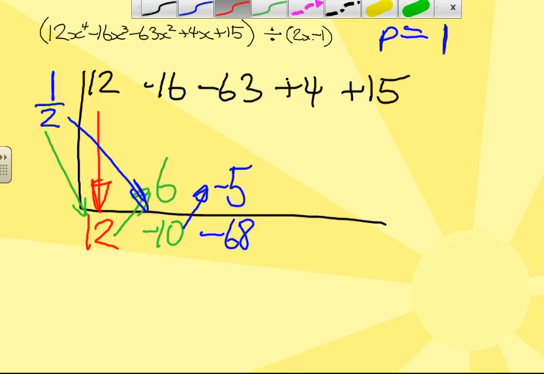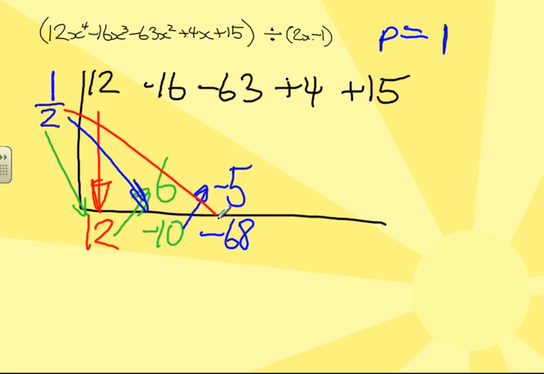Oh, going to be a bit of a mess of colors. Next step is take this 1/2, times it by negative 68. Put the answer up here. Negative 68 times 1/2 is going to give me negative 34. Negative 34 and plus 4 is going to give me negative 30.